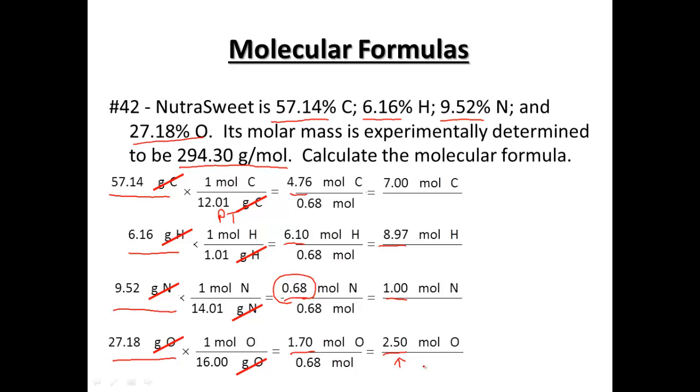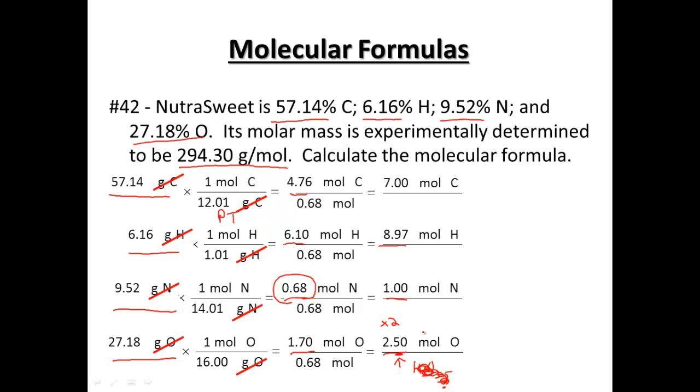Now 2.5 is a problem. We can't write a formula that has, say, H2O 2.5 or something like that. We can't have a 2.5 in there. So we need to instead get this to a whole number. This was that last step, step 4 of our notes, that asked us to obtain whole numbers. Since 2.5 is a decimal, we're going to have to double it in order to get it to a whole number.